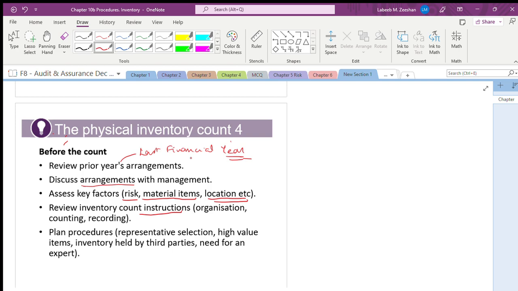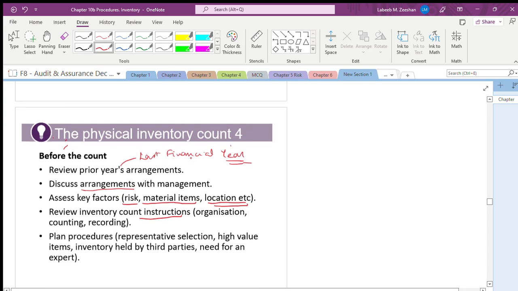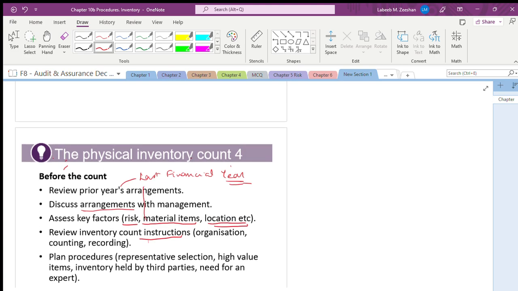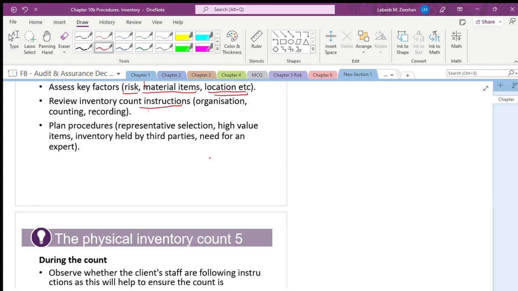Plan procedures for the inventory that has been held with a third party. Third party is nothing but not the warehouse, as simple as that. It is goods in transit.